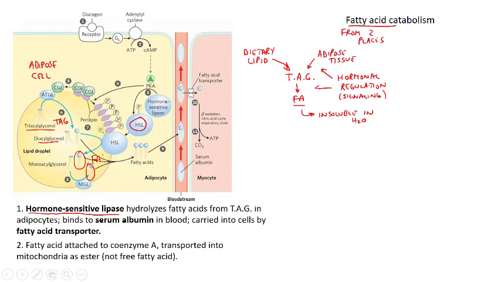Now, the reason it's called hormone-sensitive is because it's hormone-sensitive, surprise, surprise, and it has to be activated by PKA. That's the same PKA that we saw back in the talk about cell signaling. It's the one that is activated by cyclic AMP. So breakdown of fat, or triacylglycerol, from fat tissue requires cyclic AMP.